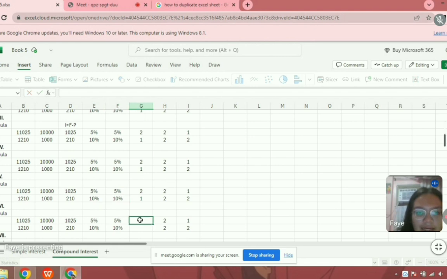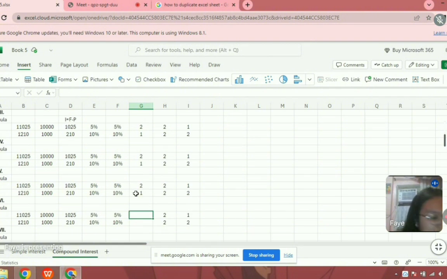Part 6, we have the formula for part 6, or the t, is a log, which is, in my formula, log of F over P, all over m log of the quantity 1 plus I over m.